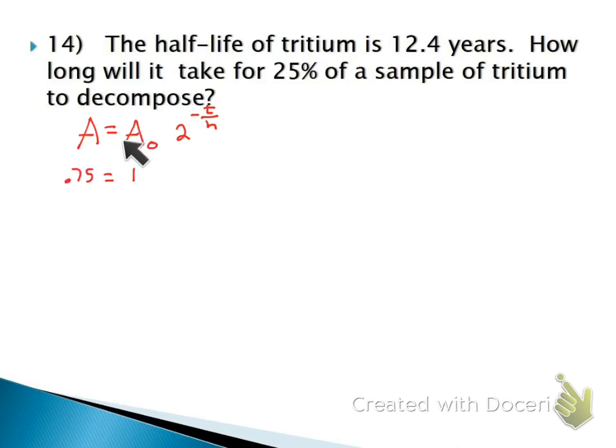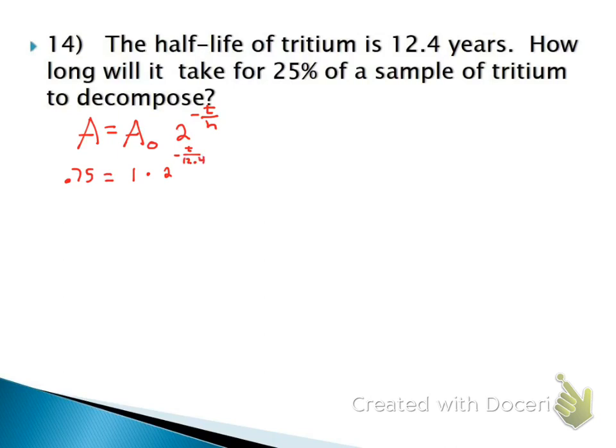So here's my initial amount of 100%. 25% decomposes. I now have 75% times 2 raised to the negative t over, what do I plug in for h again? 12.4, because h is the half-life.